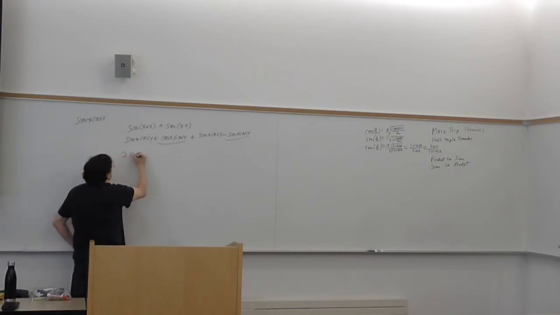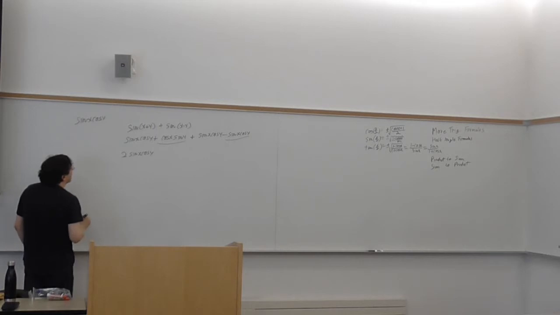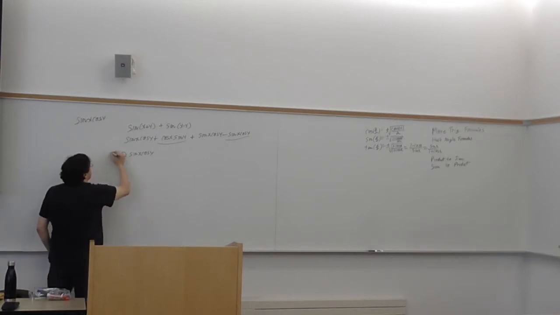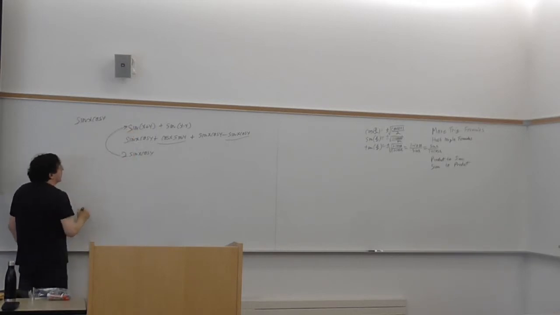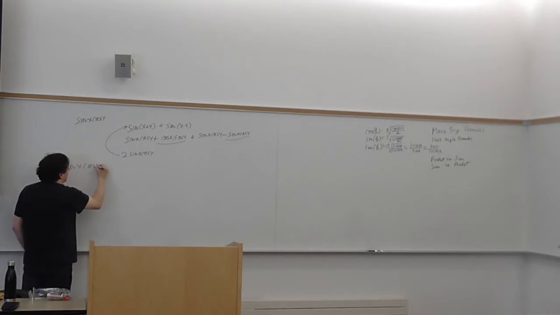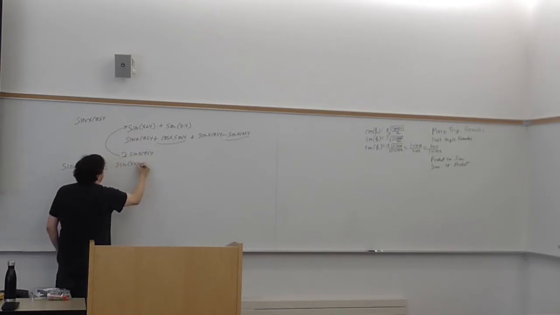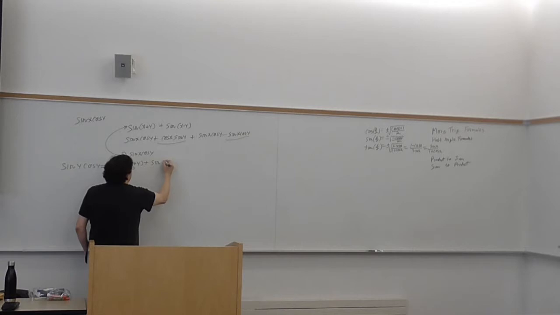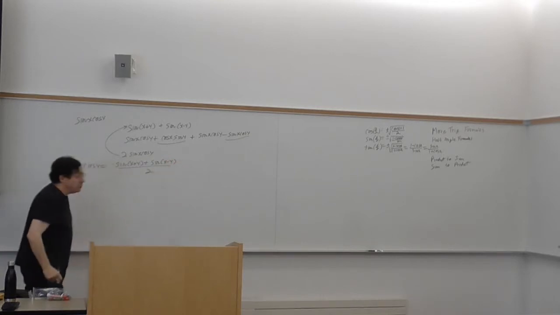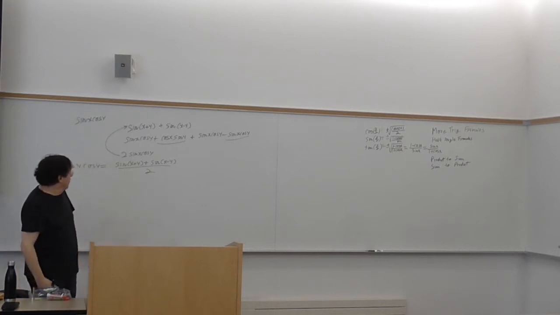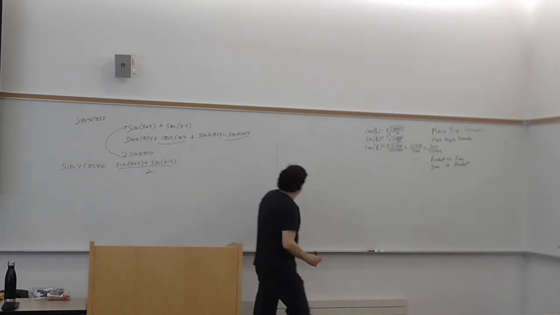They're just 2 sine x cosine y, which is equal to this. So we can see that this formula is going to be sine x cosine y equals this expression, sine of x plus y plus sine of x minus y, over 2. So that's our first product to sum formula.